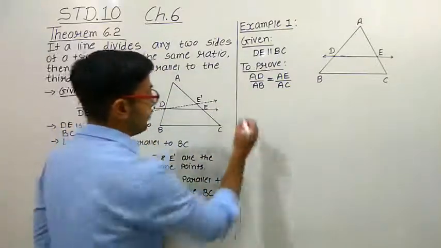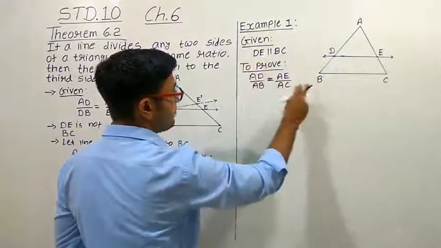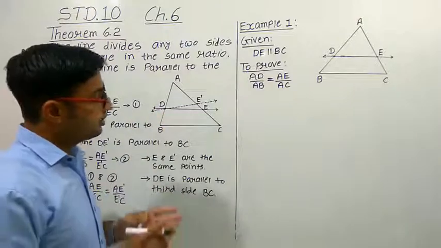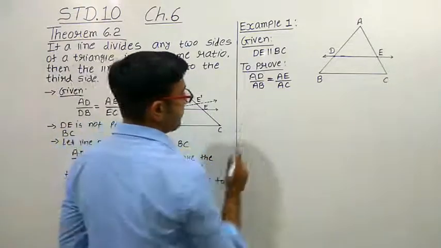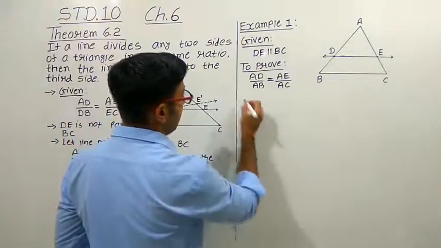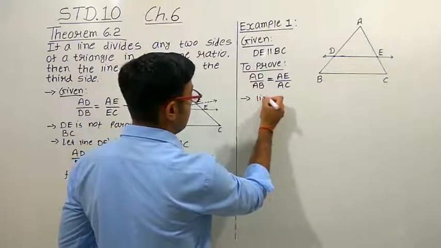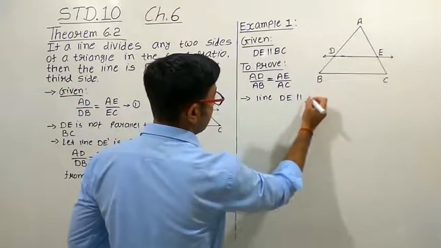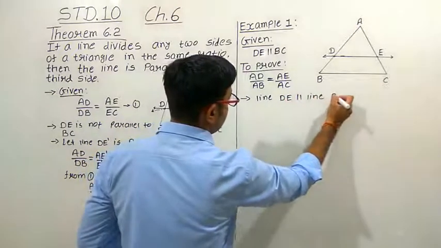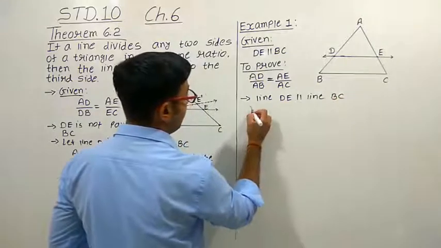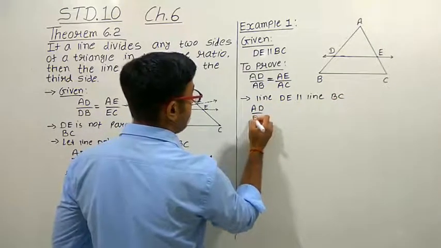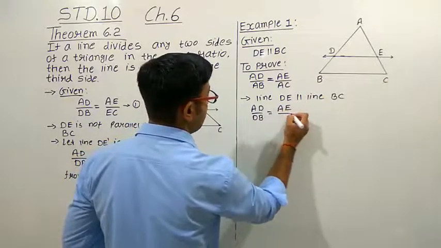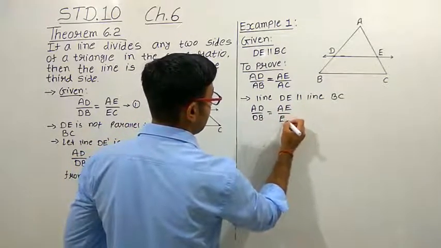Now we know that DE is parallel to BC. Then according to Theorem 6.1, the Basic Proportionality Theorem, line DE is parallel to line BC, so we can write down that AD upon DB is equal to AE upon EC.